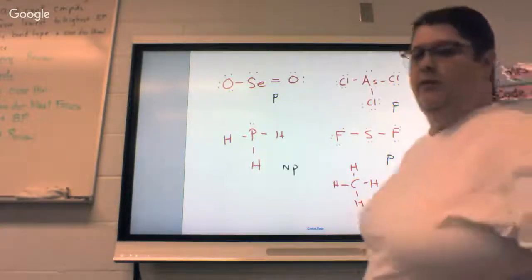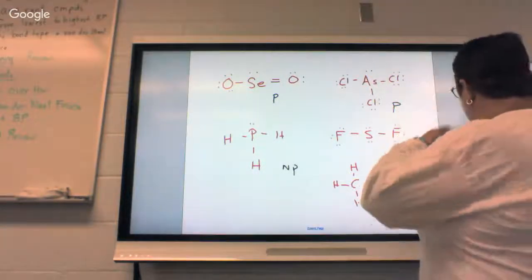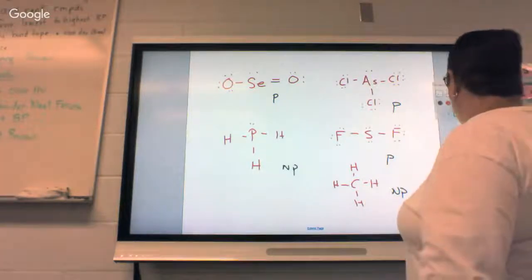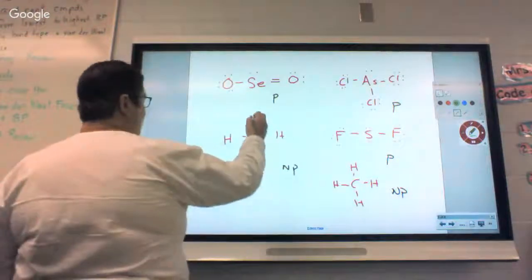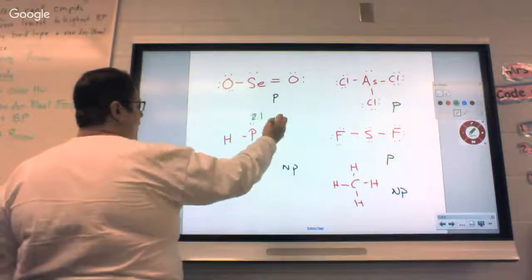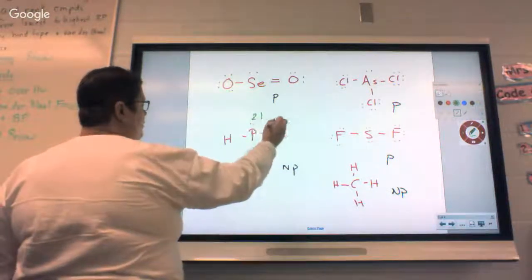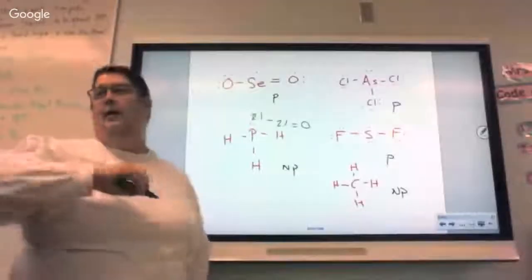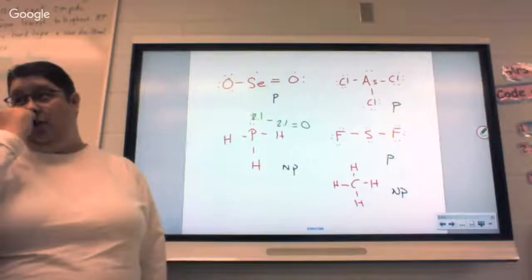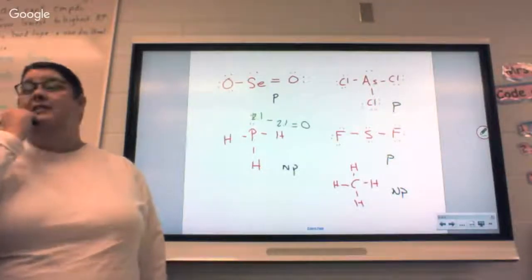All right, so when you look up the electronegativity for P, P has an electronegativity of 2.1, H is 2.1. When you subtract, you get 0. Okay? Now, because you get 0 on that one, it's nonpolar.